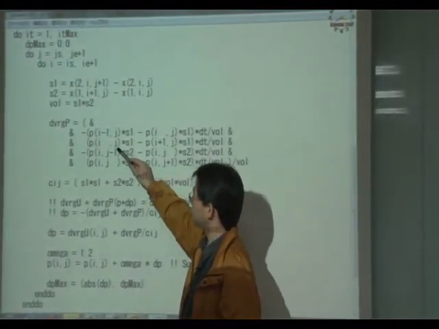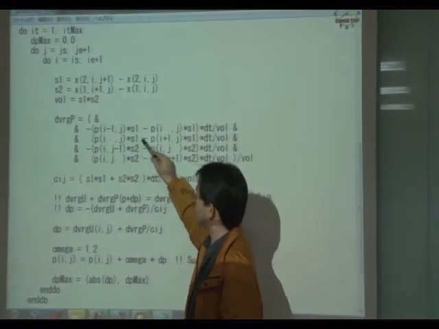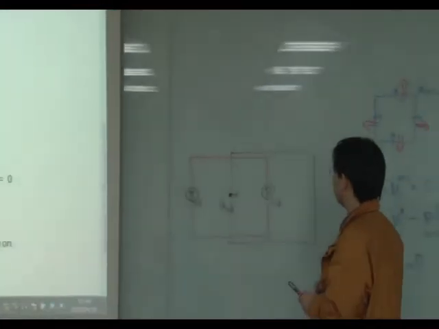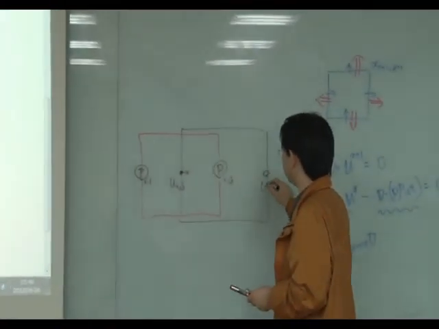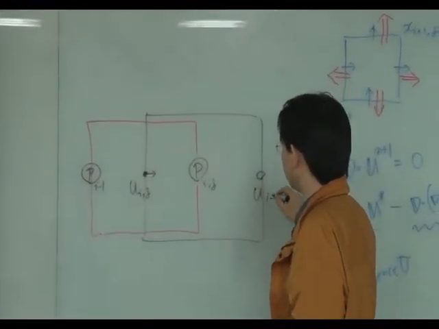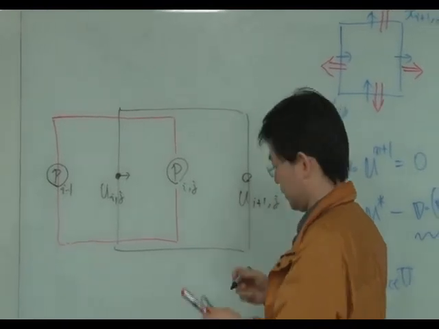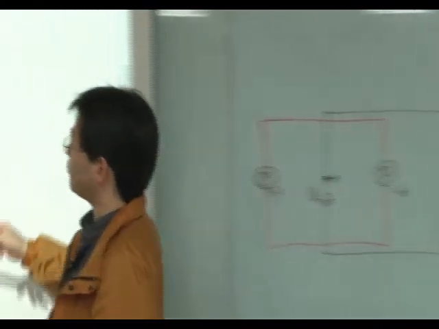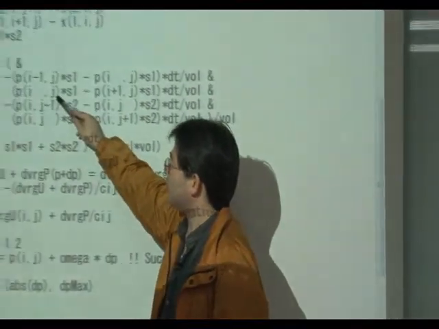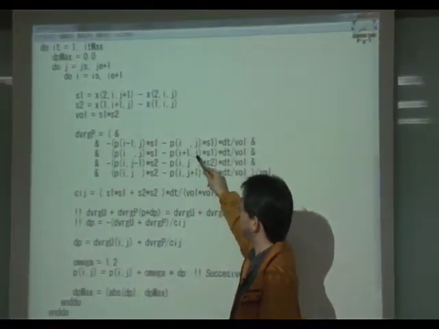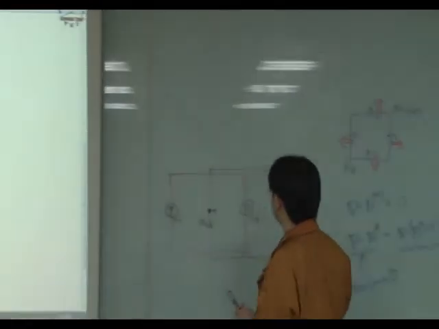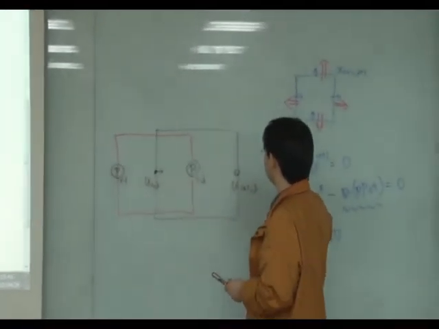Also, we have to consider next one. Next one is for this point. In this point, this point is pushed by Pij and repelled by Pi plus 1j. It is here.